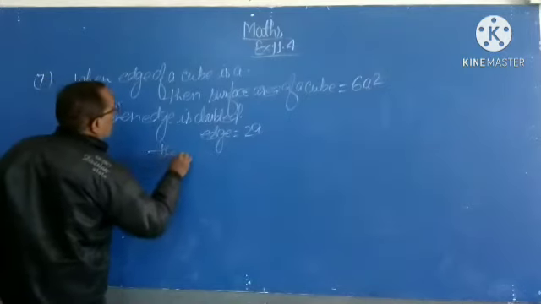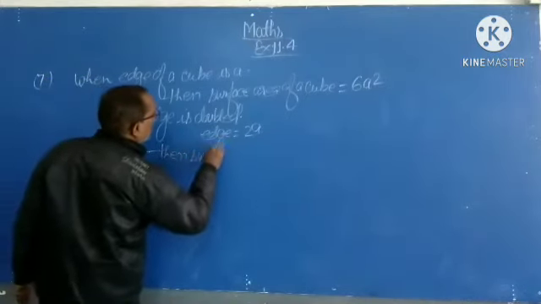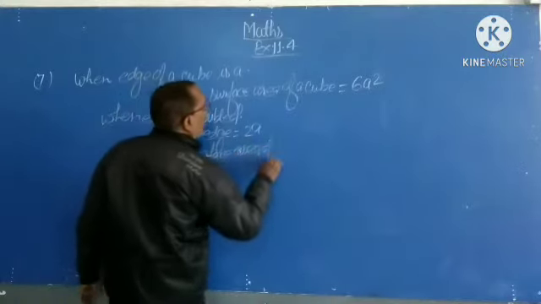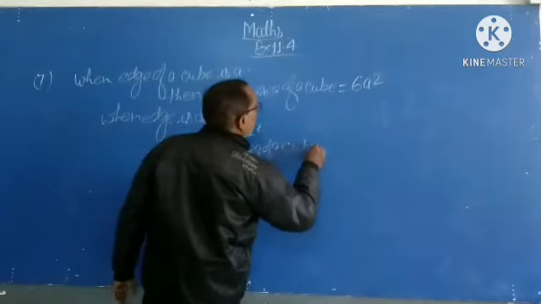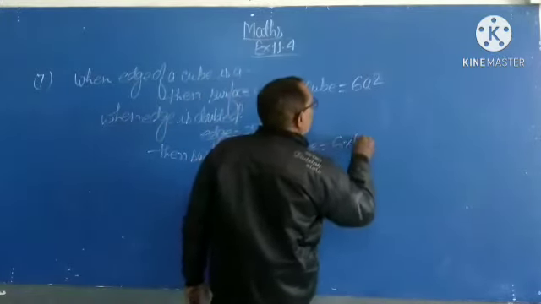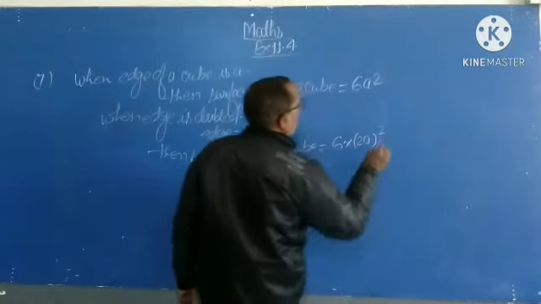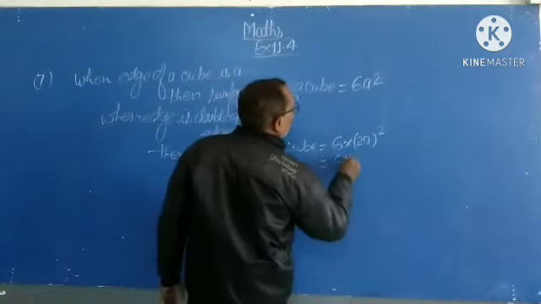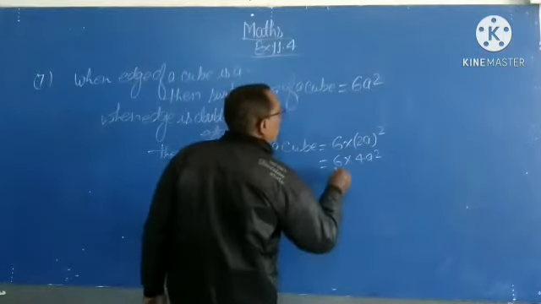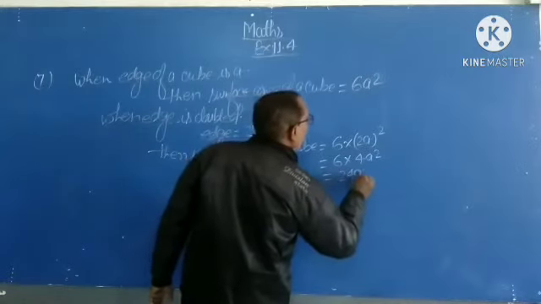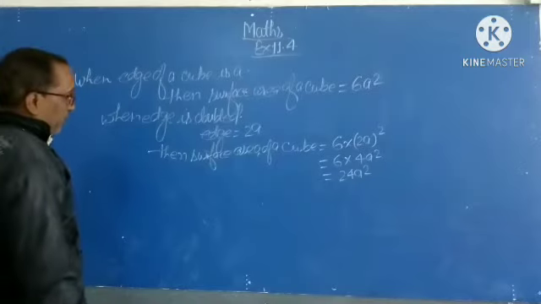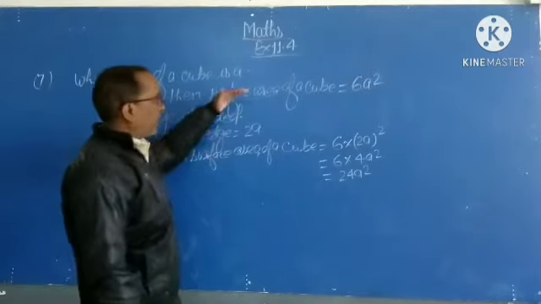Then surface area of a cube is equal to 6 into 2A whole square. You get 6 into 4A square, means 24A square. Then you find out how many times this surface area increased.